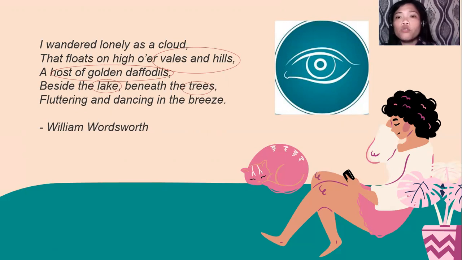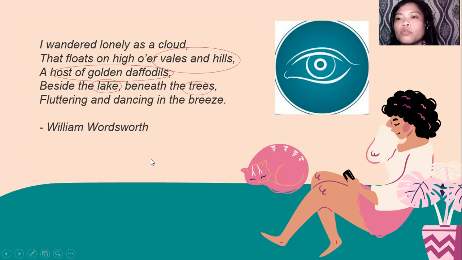As you go through your reading in literature class, most of the time the writers are using imagery. Why? This is to give the readers a vivid or a clear picture.